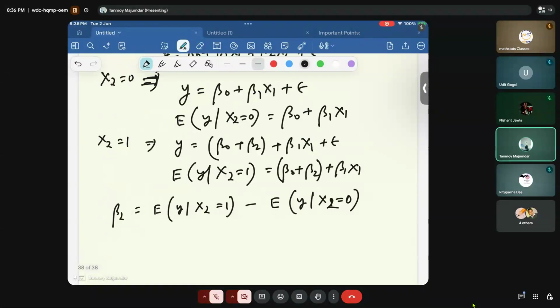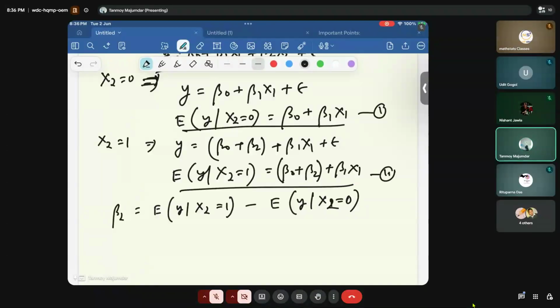So look at the expected values of 1 and 2. So we will be getting beta 2. So this is how we obtain the parametric or the estimate value of beta 2.